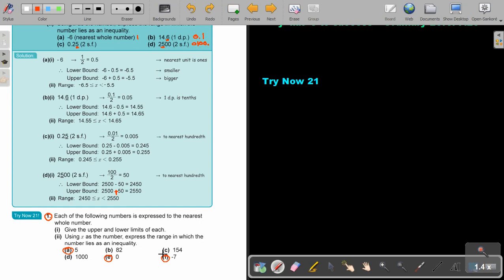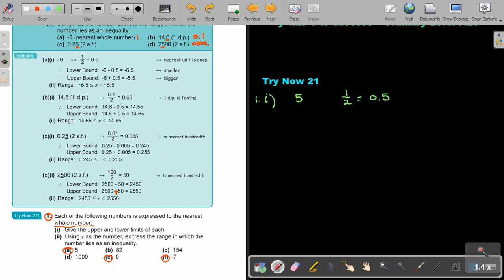Okay, let's start. Each of the following numbers is expressed to the nearest whole number. Okay, so again, find the upper and lower bounds. So for the first one, find the lower bound. It's to the nearest 1, so it's 1 divided by 2, and that's 0.5.